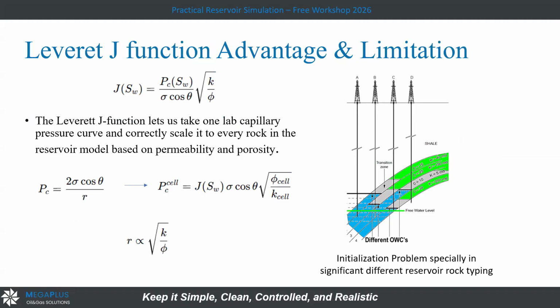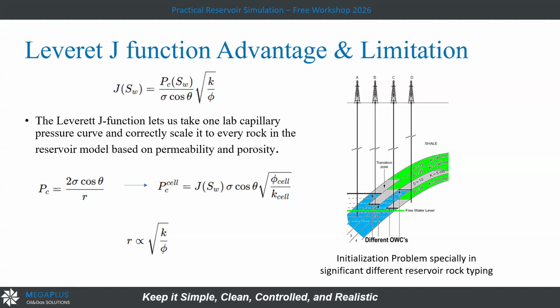When porosity differs, this means that the pore throat, or the relation between the fluid and the grains, in high porosity as an example, will be different than if I have low porosity and low permeability. If I have low porosity, the pores are very tight and the fluid is attached to the grains. So the capillary pressure will differ from rock type to rock type depending on the porosity and permeability.